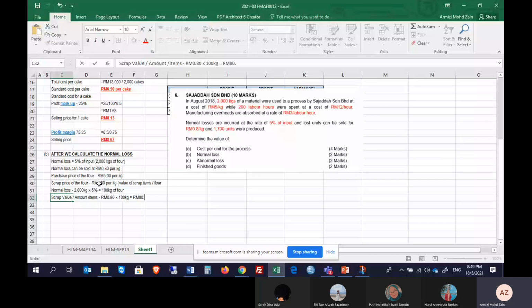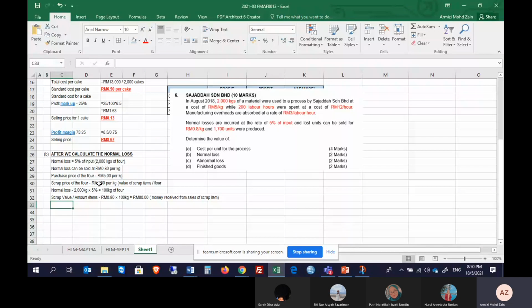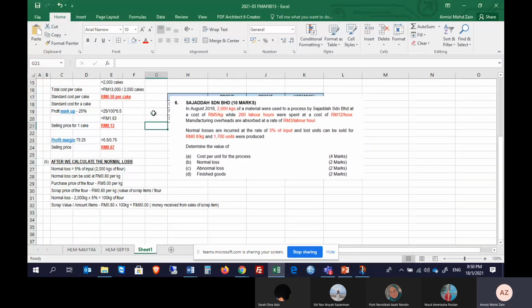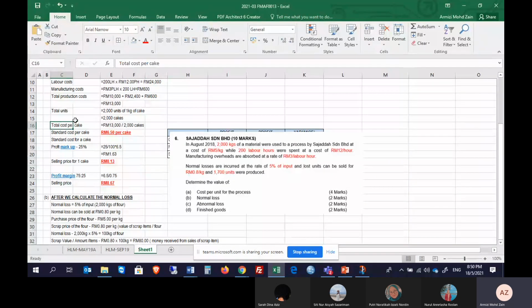Okay. Money received from sales of scrap item. So you dapat duit tau. Okay. So sekarang ni you punya total cost ya. Kalau daripada atas ni total cost dia RM 13,000.